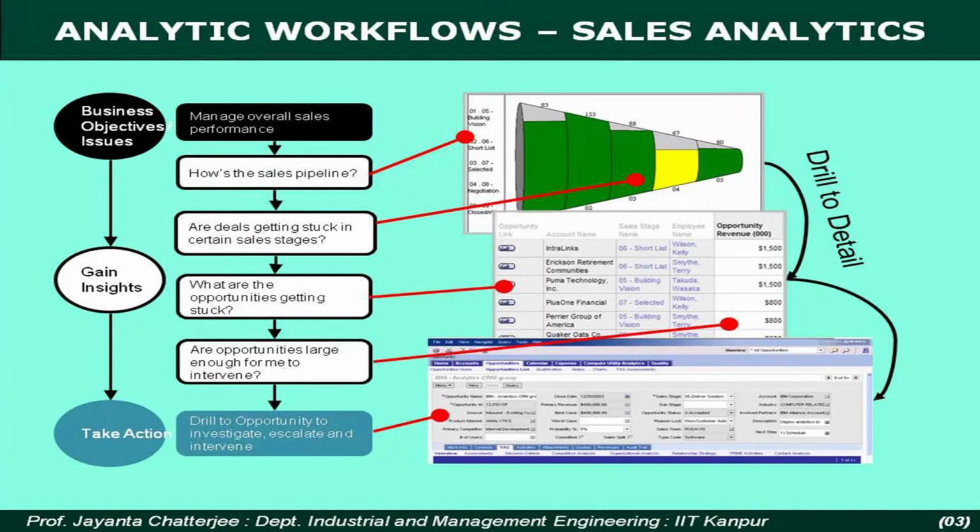So if the blue is more and the green is less, that means the pipeline quality is not very good. This is a simple depiction, but to create this green and blue distinction, obviously a lot of data input has gone into this particular database. That will tell you how good the sales pipeline is at a glance.